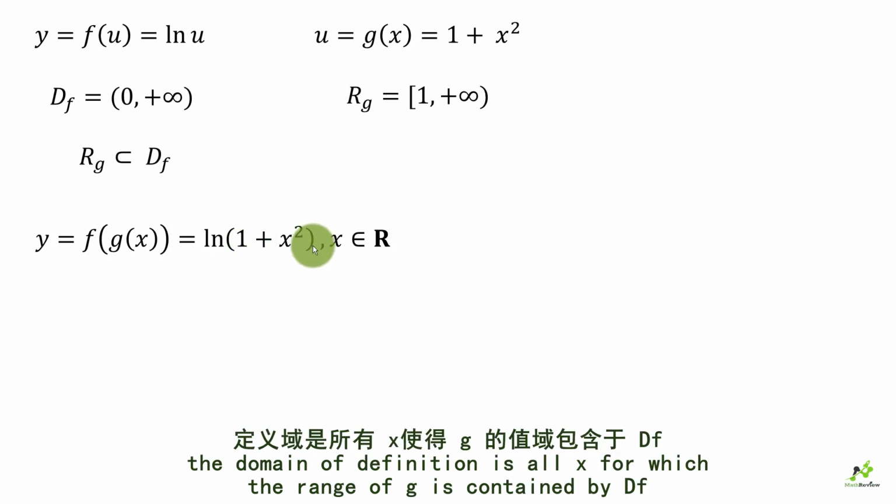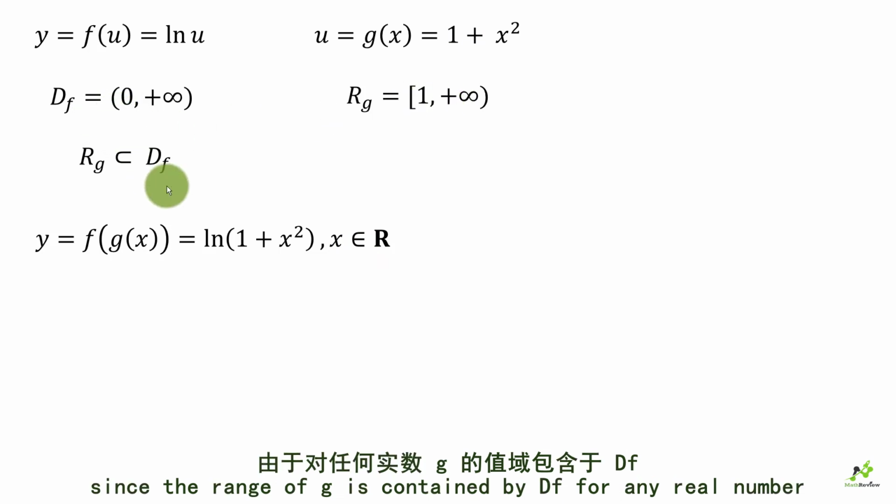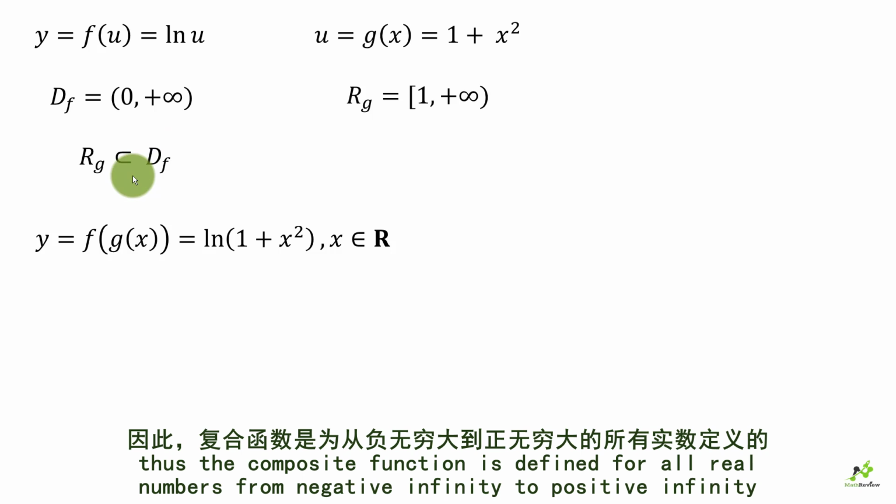The domain of definition is all x for which the range of g is contained by df. Since the range of g is contained by df for any real number, the composite function is defined for all real numbers from negative infinity to positive infinity.